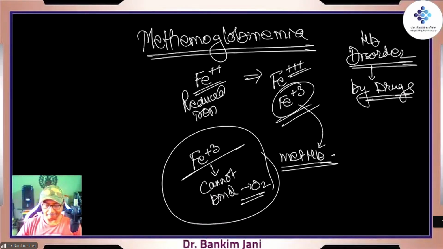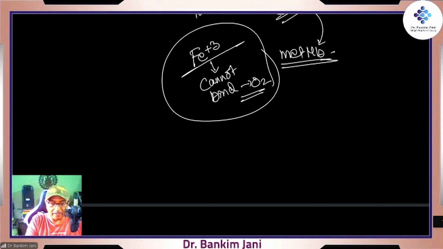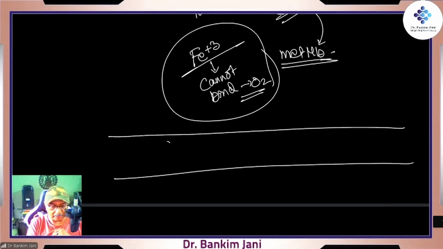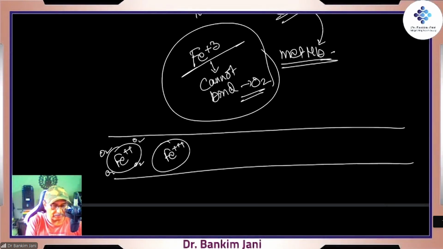And again, Fe3 is a boss. So this is the capillary, and here is Fe3, and here is Fe2, the normal hemoglobin. Oxygen, oxygen, oxygen, oxygen. This one has got no affinity for oxygen, so it won't be giving oxygen.